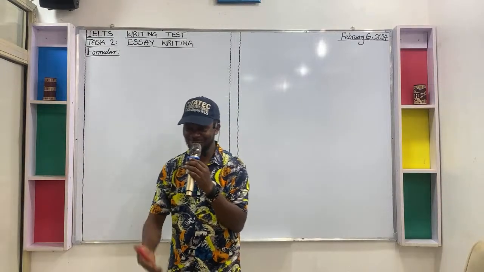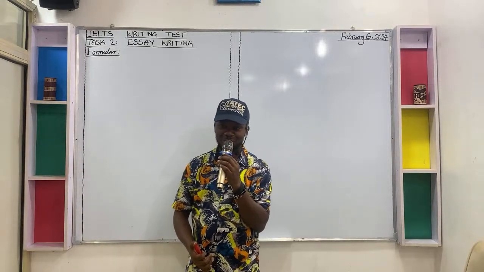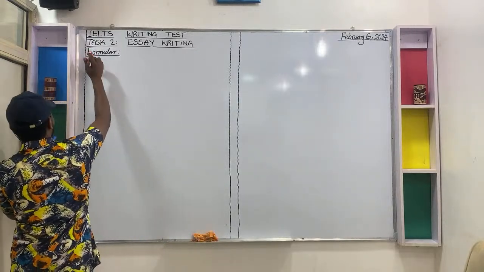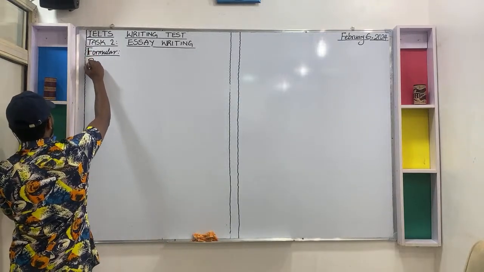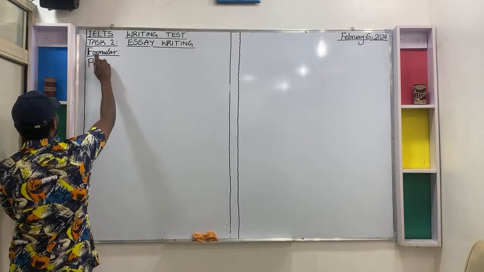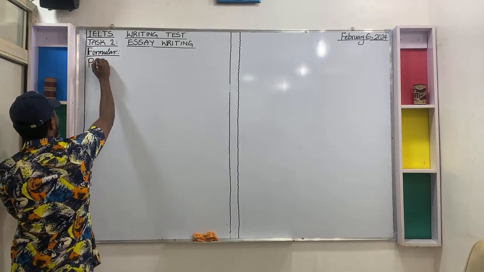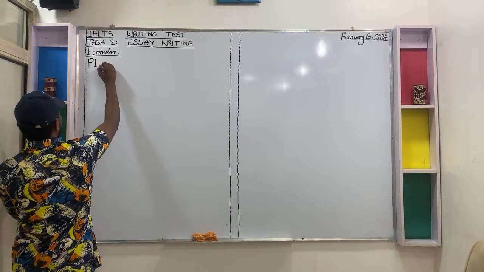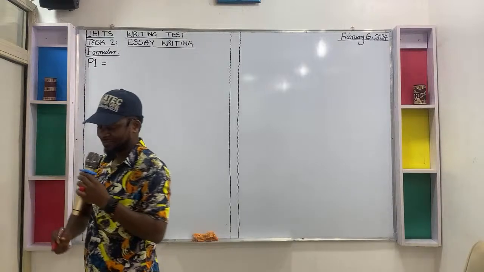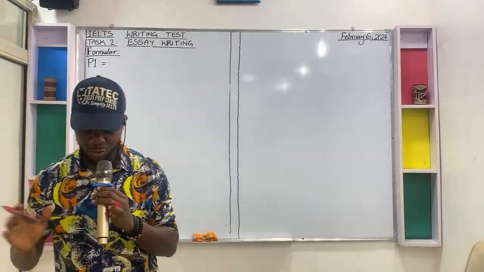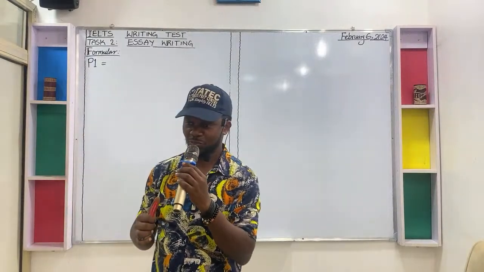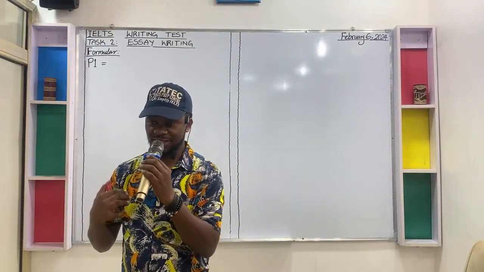No, just continue, don't worry. For paragraph 1. Now I have to write. The formula for writing an essay begins with P1. Paragraph. No. Paraphrase, no. You said we copy and paste. Formula for writing an essay.